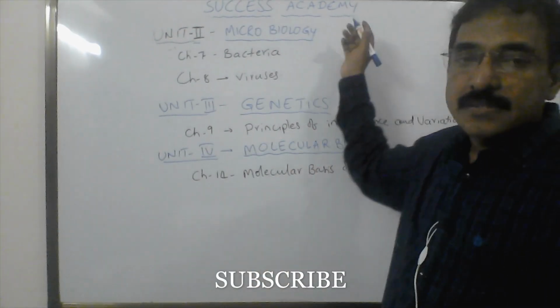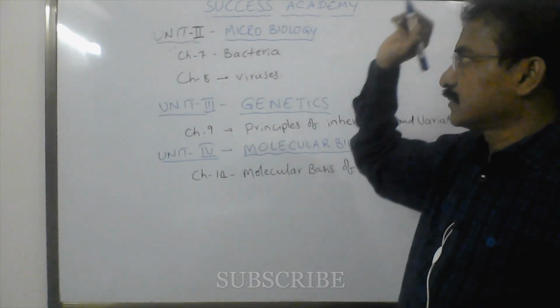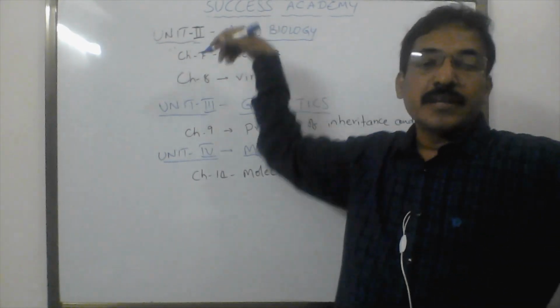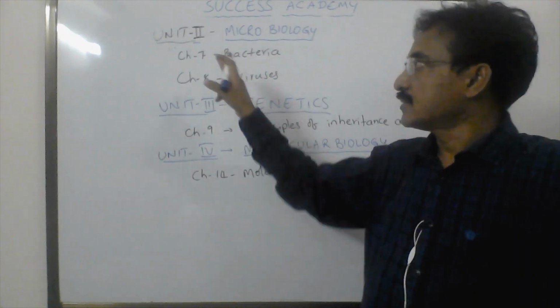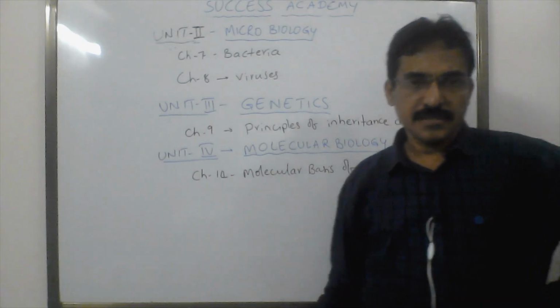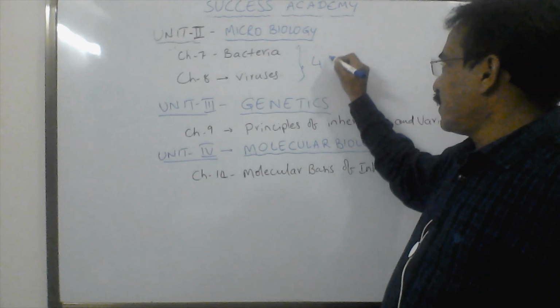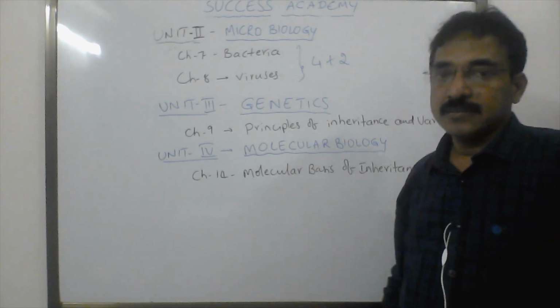Okay students, in the second year syllabus, the second unit is microbiology. This microbiology unit has 2 chapters. The 7th chapter is bacteria and the second chapter is viruses. From these 2 chapters we have 4 plus 2 weightage.